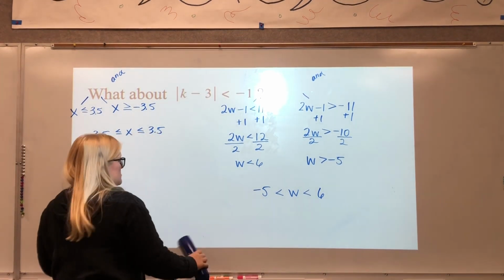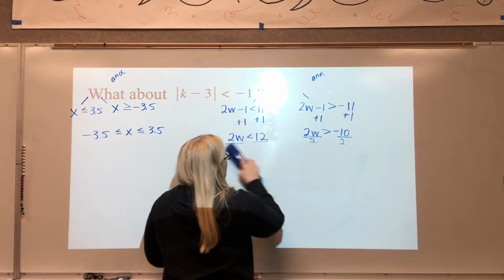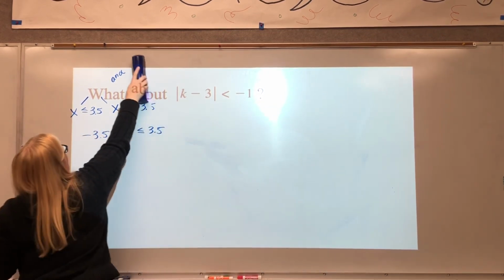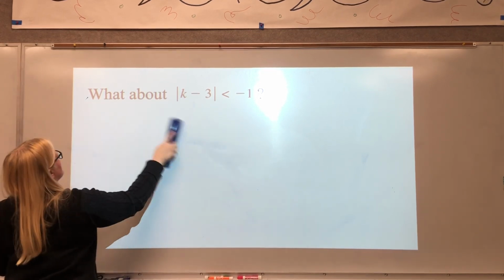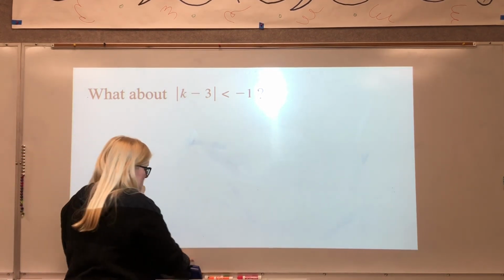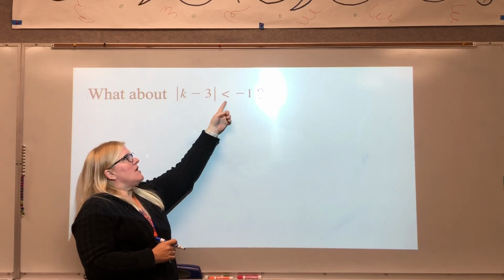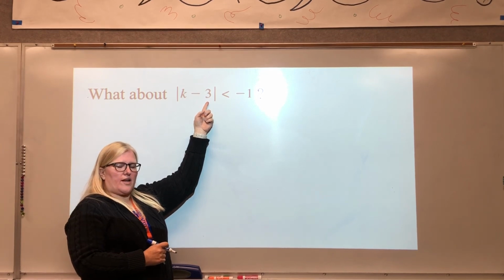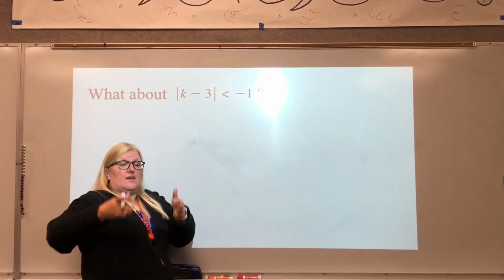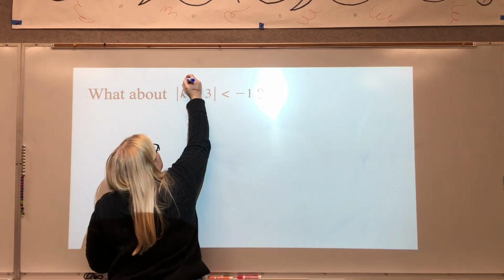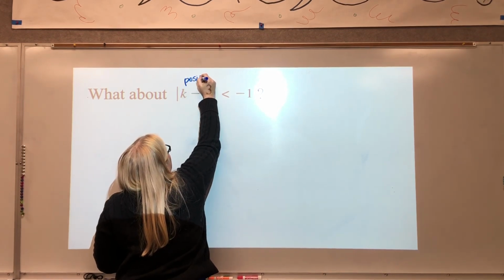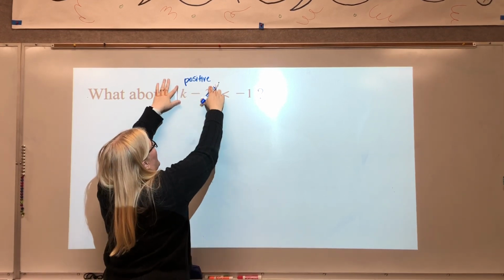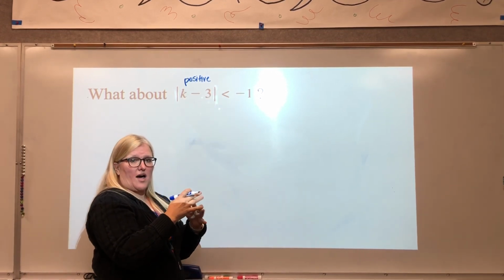Okay, let's just talk about this one for a second. Some people would look at this and just automatically start making the two inequalities and starting. But for just a second, I want you to think, if I have anything in an absolute value sign, anything inside of that, well, what's inside of it could be negative, but when I take it out of the absolute value signs, it becomes positive.